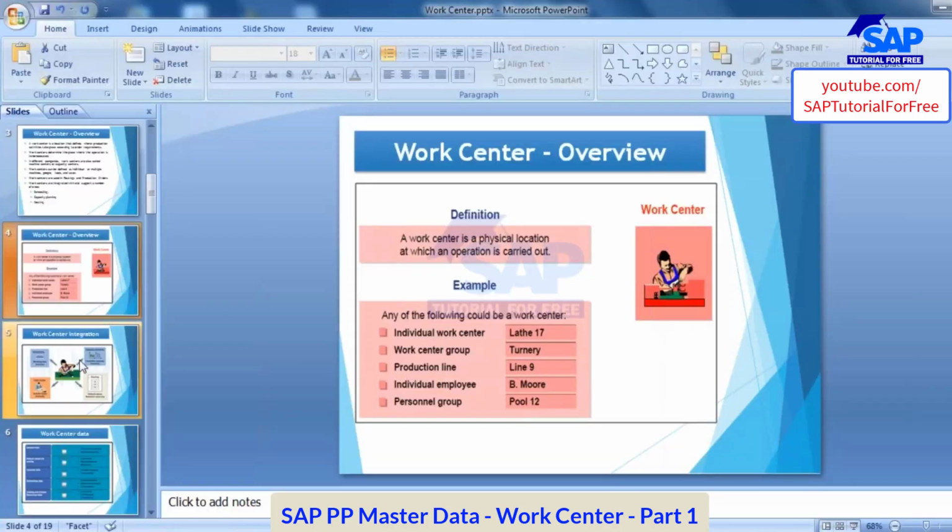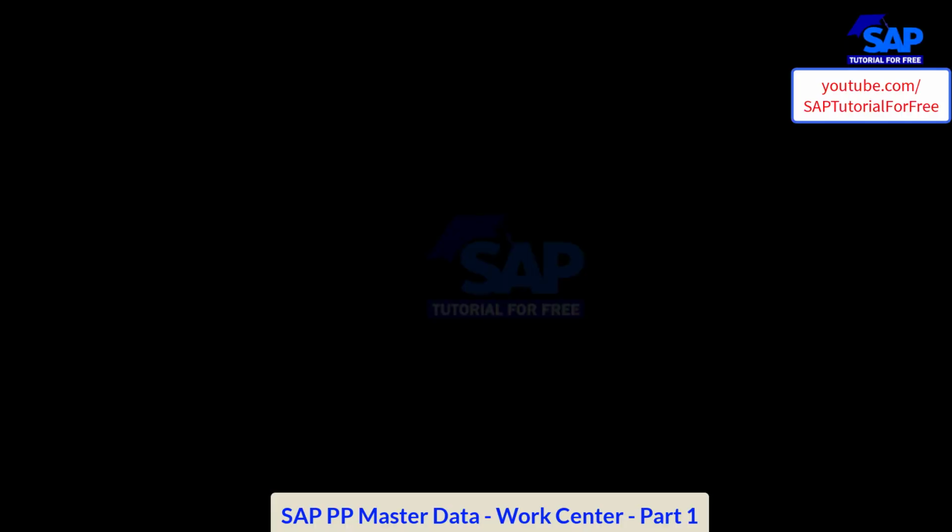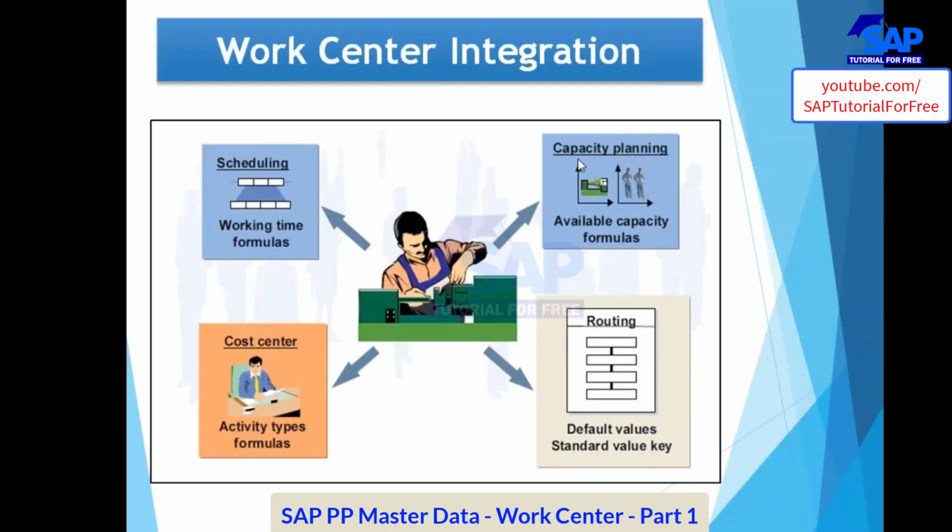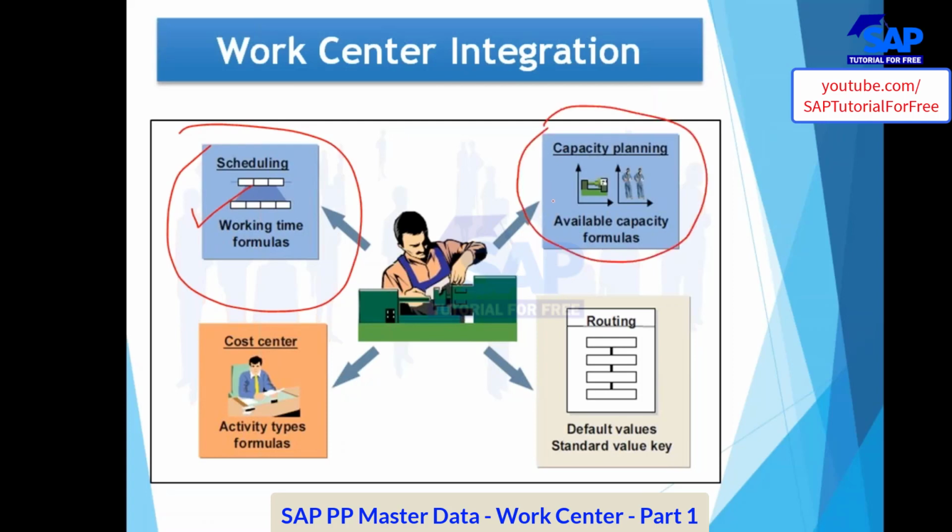Now, where is the work center used? The work center we are creating is used for scheduling activity, to calculate your times, production time, machine start time, machine end time. For all those activities you will use the work center. The next one is capacity planning. To do capacity planning, to check the machine's available capacity, you will use work center.